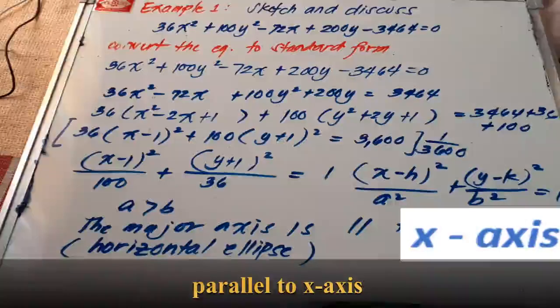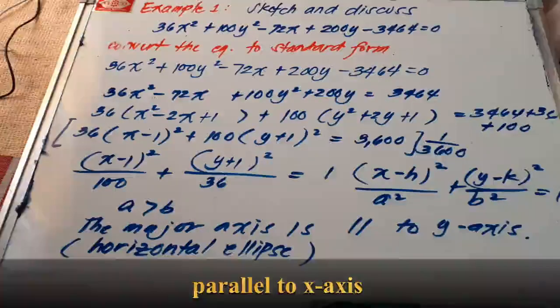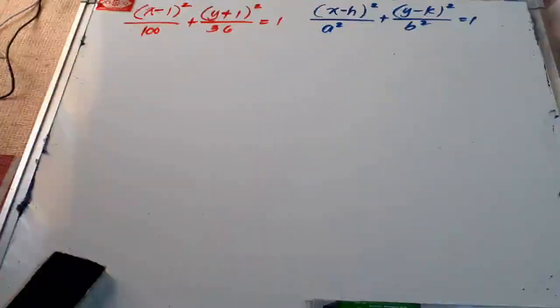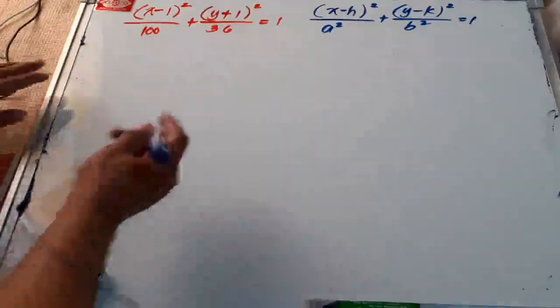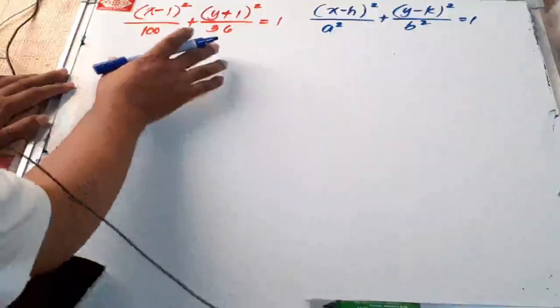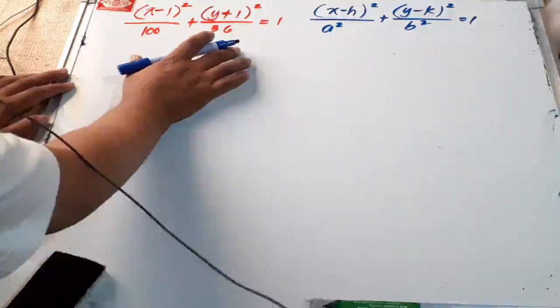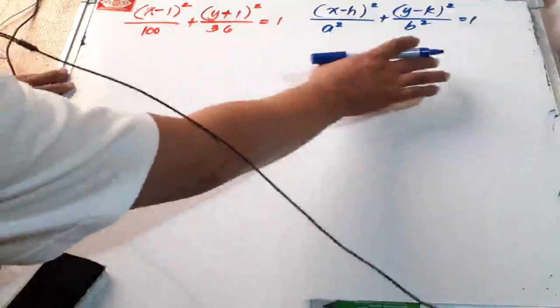Okay? So the next, we're going to solve for c, which is the distance of the focus from the center of the ellipse, and also the length of the latus rectum. So we determine the values of the location of the center and the length of the semi-major axis and semi-minor axis by matching the converted equation ng ating ellipse from the standard equation.